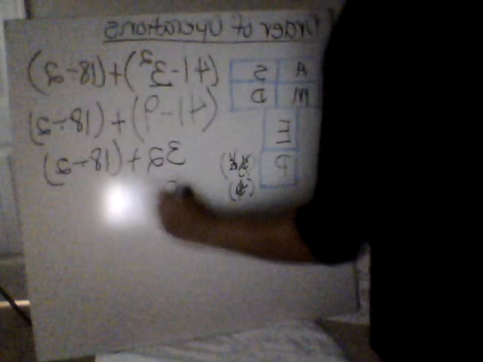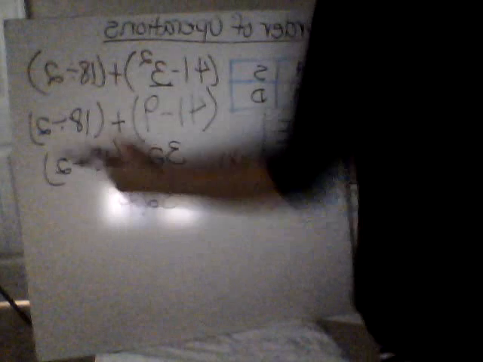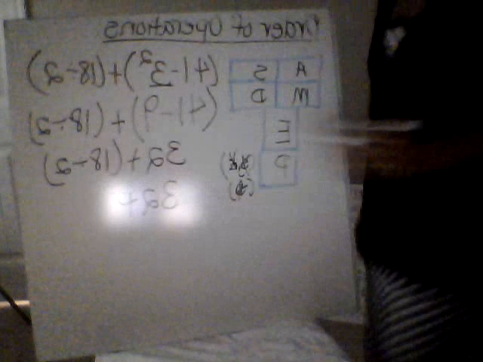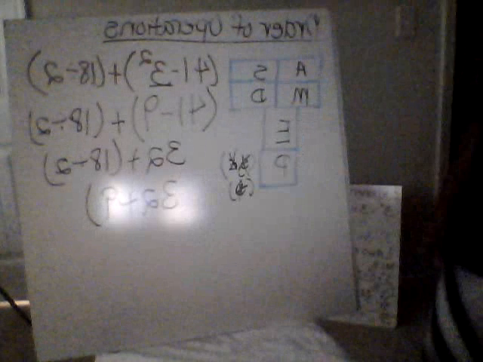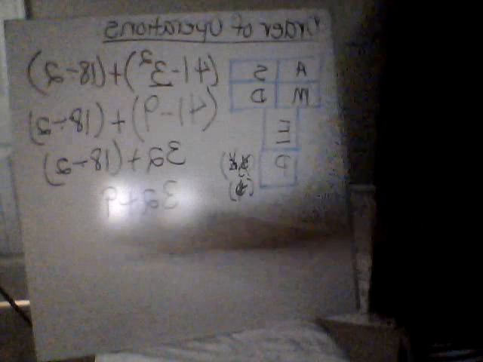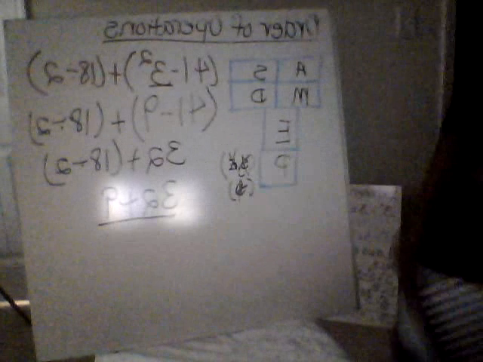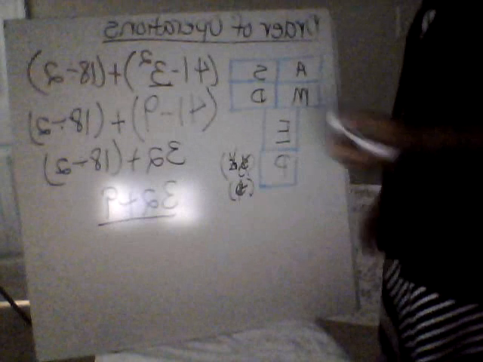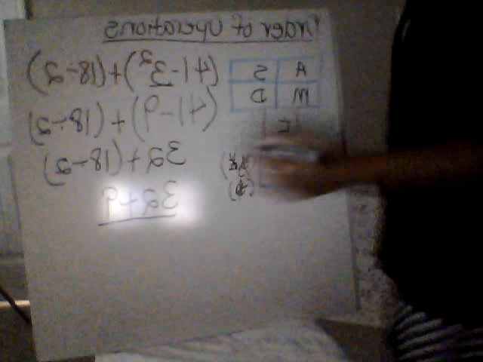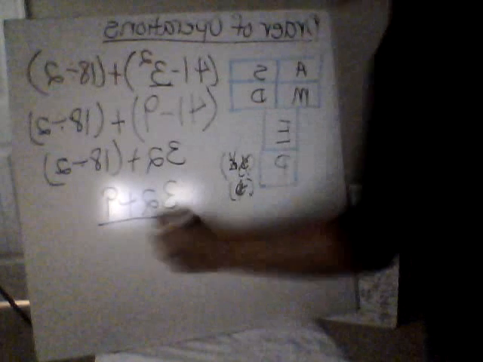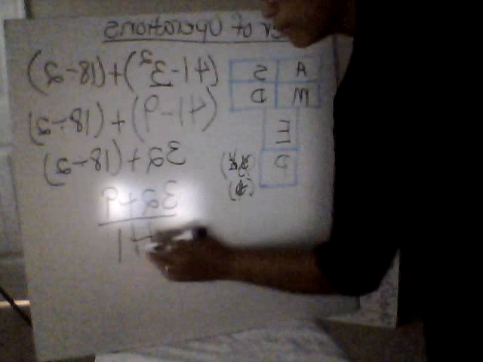So I'm going to have 32 plus, 18 divided by 2 is going to be 9. So this is going to be 9. And now I have, oops, I didn't mean to put that parentheses there. So now I just have my final problem, which is 32 plus 9. And the only thing I have left to do is to add. So I'm going to add 32 plus 9, and I'm going to get 41.